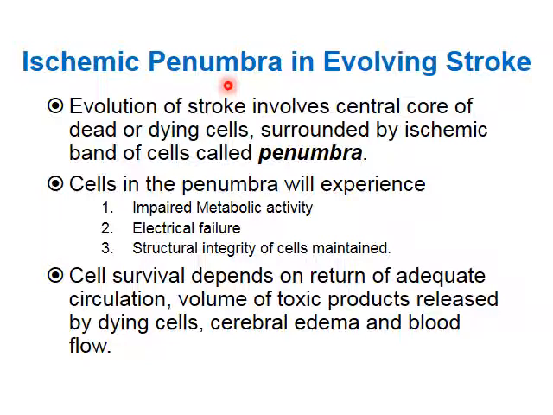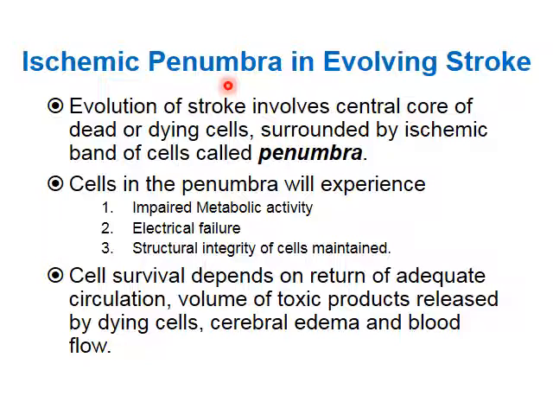Don't ask me why they came up with this silly name. That's what they came up with. If you're the researcher that discovered it, hell, you can name it after yourself. So we could have the Smith area or whatever. So they named it the penumbra.